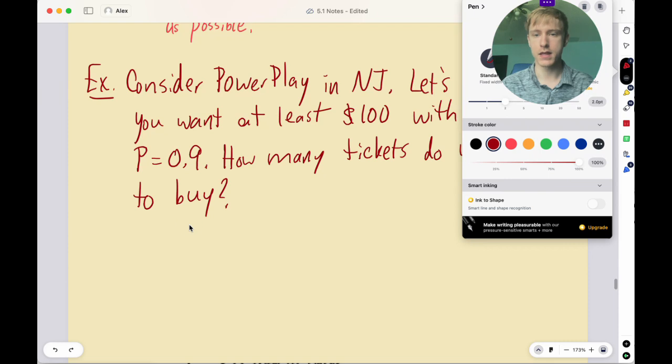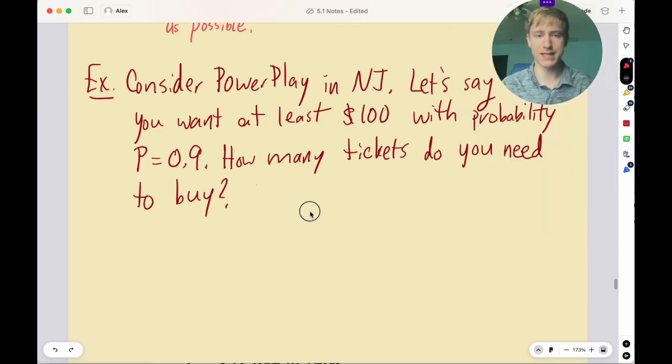The information is the number of winning tickets. I added up all the ones that were at least $100, and there were 12,493, which might sound like a lot, but how many total lottery tickets were there in New Jersey? 4.8 million.